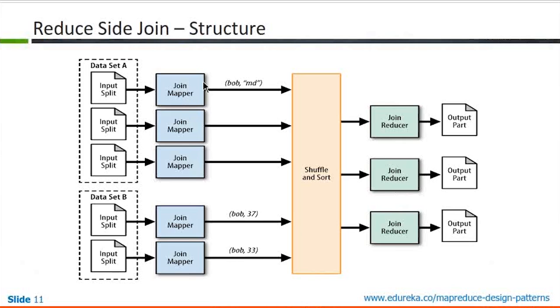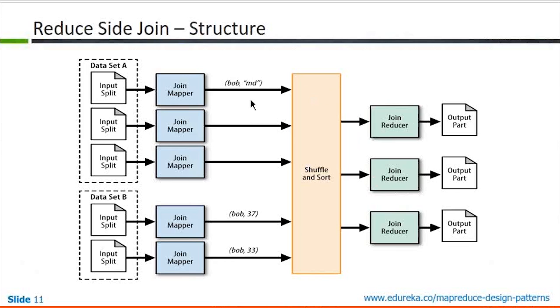You don't transfer other superfluous things, and that will help in improving some of the performance times, which degrade quite a lot for reduce side joins. So as I said, here the foreign key is the key, and the value is any payload, and then you transfer that across.